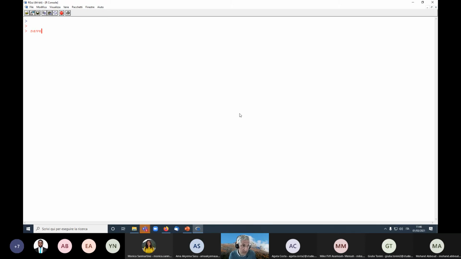Let me press tab twice. It gives me all the alternatives that start with that. Very good. So I can see that it's savehistory. I saved it. Keep in mind that with Mac, the instruction may be different. Be aware of that. And if you can't find the way, just look on Google.